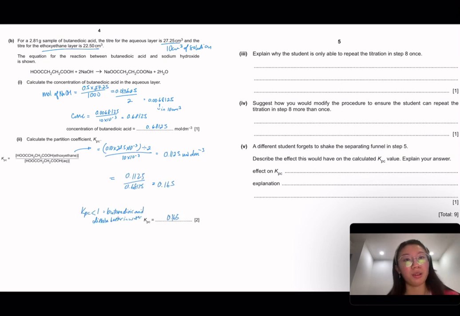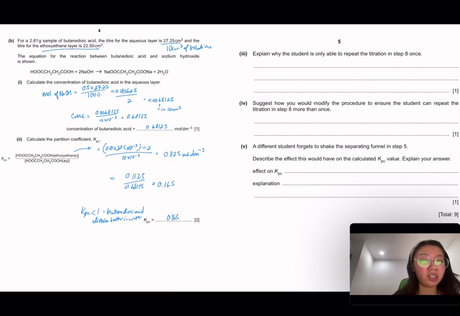It is 0.5. So 0.5 times the volume, which is 27.25, but also make sure to convert it into decimeter cube and not leave it as centimeter cube. That's why you times it by 10 to the power of -3, or you divide it by 1,000, and you get the value, which is the mole of NaOH. And then after that, again, the mole ratio is 2:1, so you divide it by 2, you get 0.0068125.